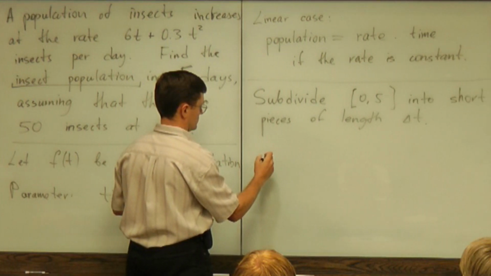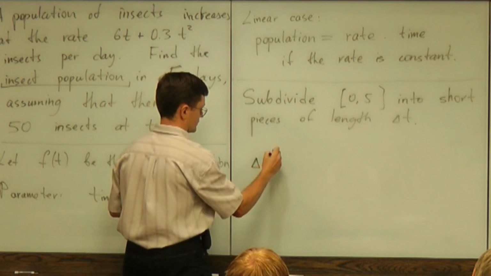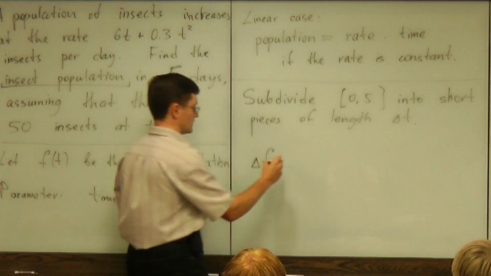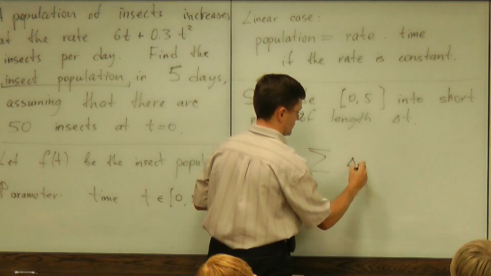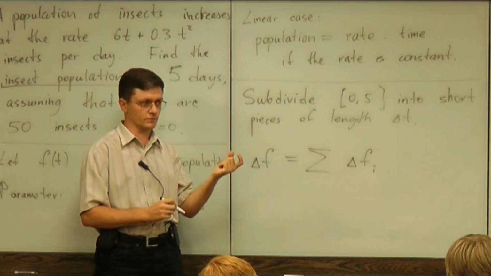So the total change of the population, the total change of the function, is equal to the sum of the total changes over those intervals.